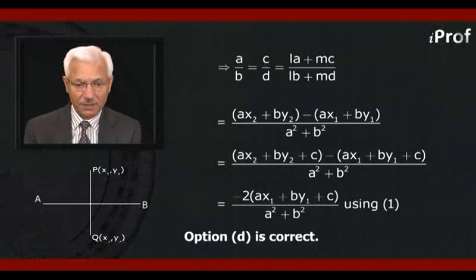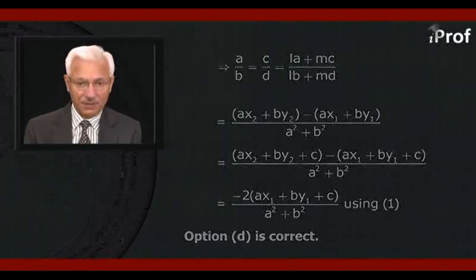Using 1, we get -2(ax1 + by1 + c)/(a² + b²). That is, option D is correct.